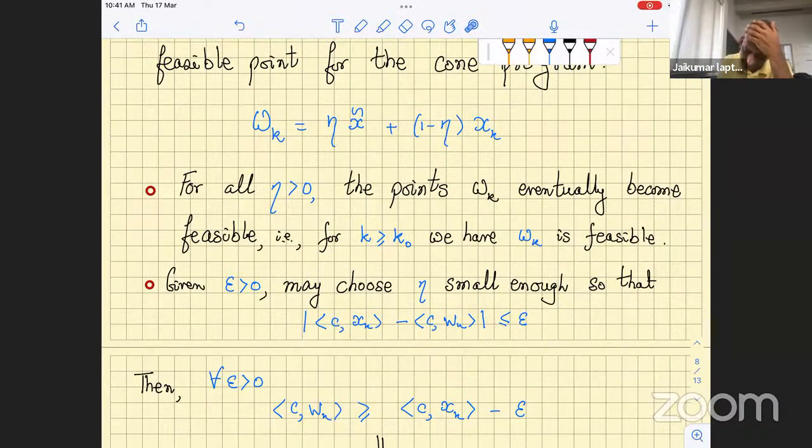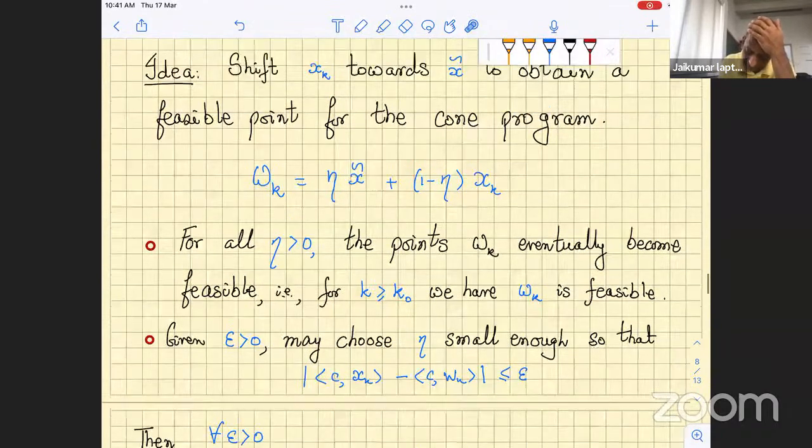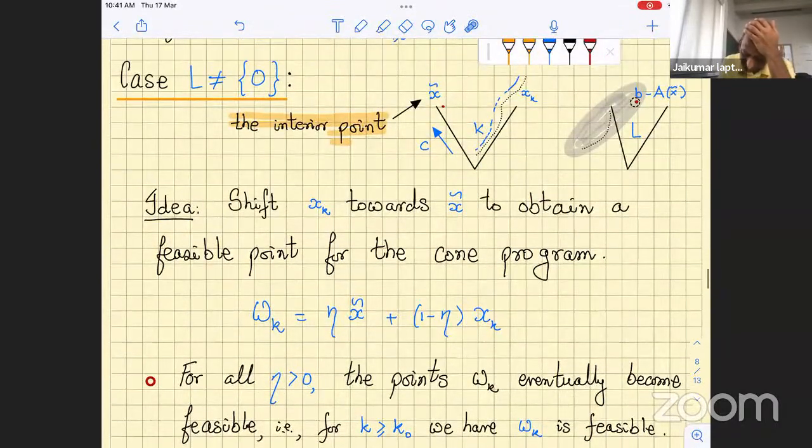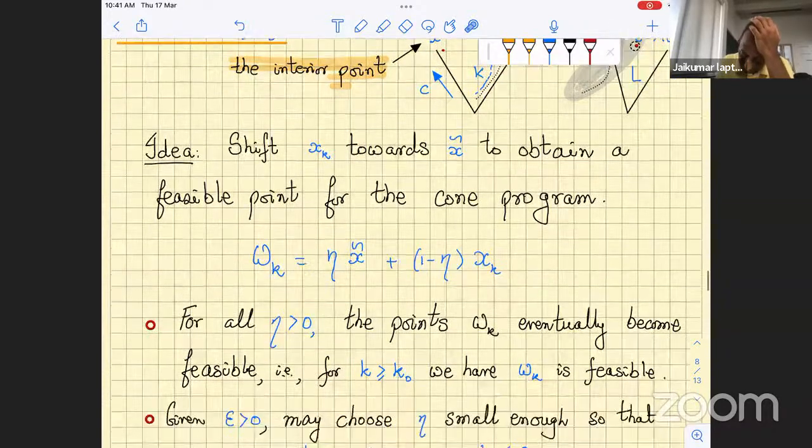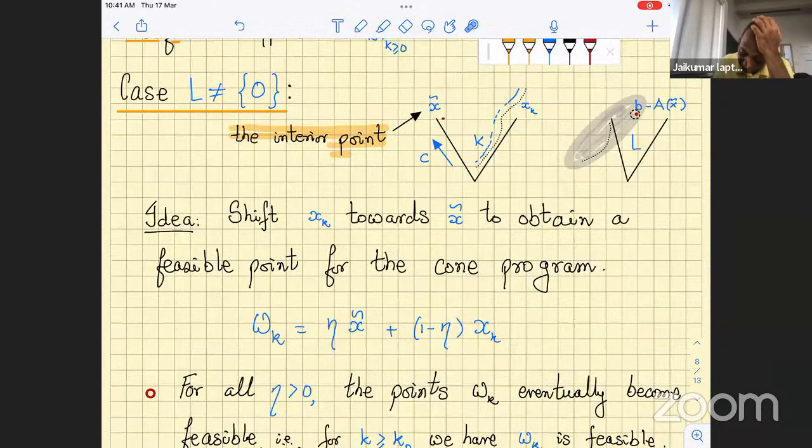Yeah, so there might be some issue there. I will try to clarify later. But nevertheless, we are going to move the xk's towards x tilde so that it doesn't make a big difference to the objective function. And then hope that this pulling here causes a pulling in the other direction here so that you fall inside it.